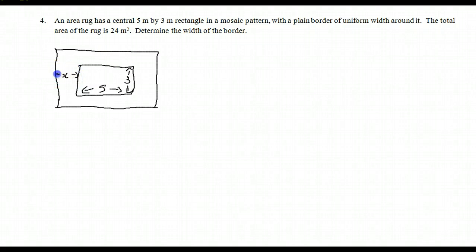So it's x here, x over here, x in here, and x in here. And that's my uniform border. Now this lays out my variable, right? So in some way I have to communicate to you what my variables are. And in this case, x, which is the width of the border, right? What's your variable going to be? It's going to be, what are you being asked for, right? The width of the border.